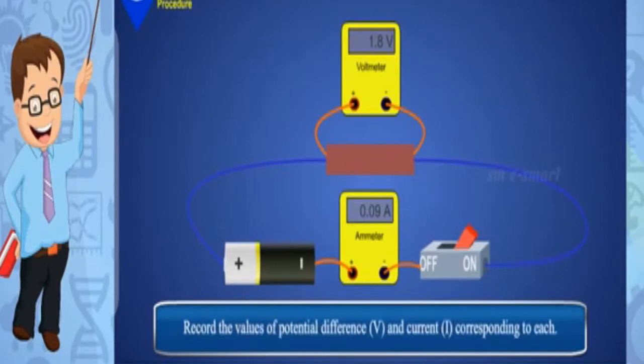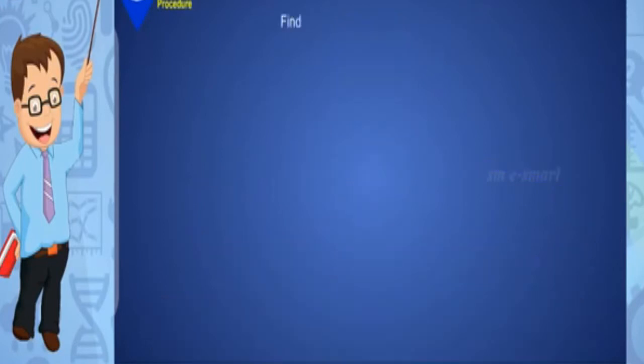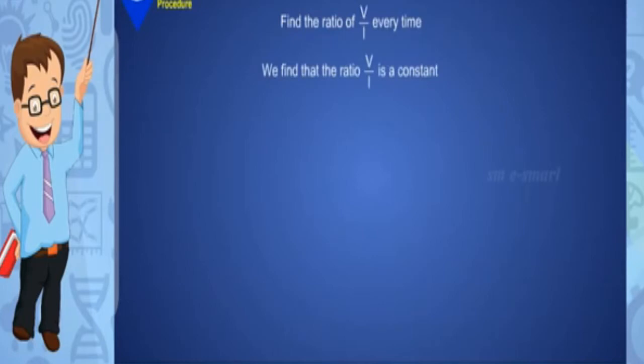Record the values of potential difference, denoted by V, and current, denoted by I, corresponding to each. Find the ratio of V by I every time. We find that the ratio V by I is a constant.